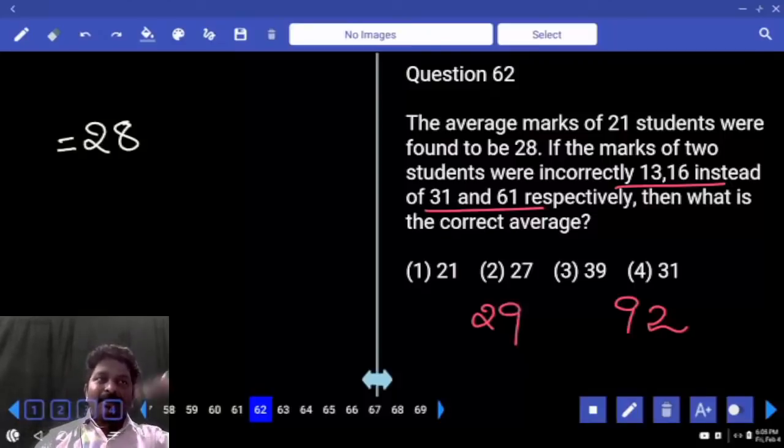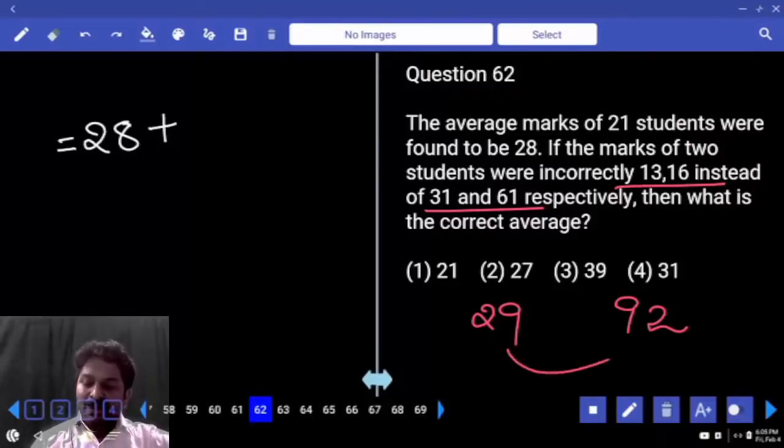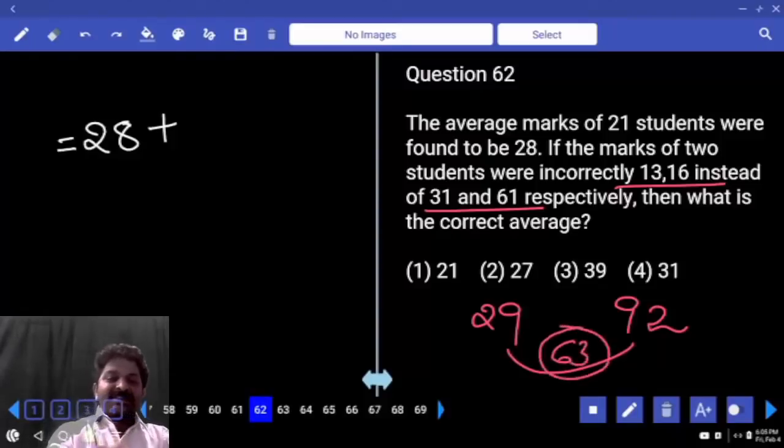Actual marks are 92, but wrongly taken as 29. That means, have we taken more marks or less marks? To make it correct, do we have to add or subtract? We have to add. So instead of 92, if you make 29, how much more you have to consider now? 63 marks. Can you directly add 63 marks? Why?